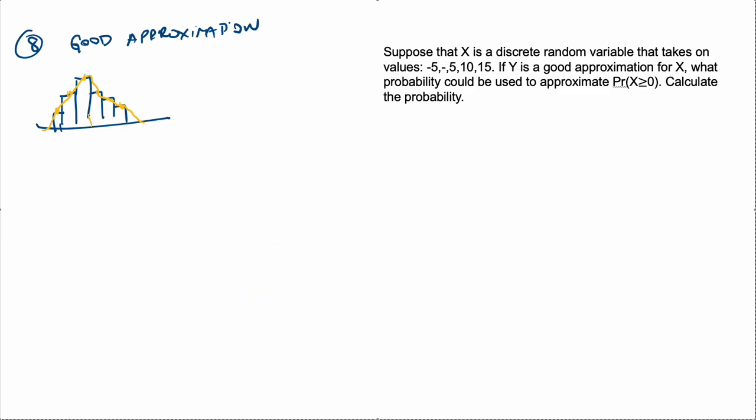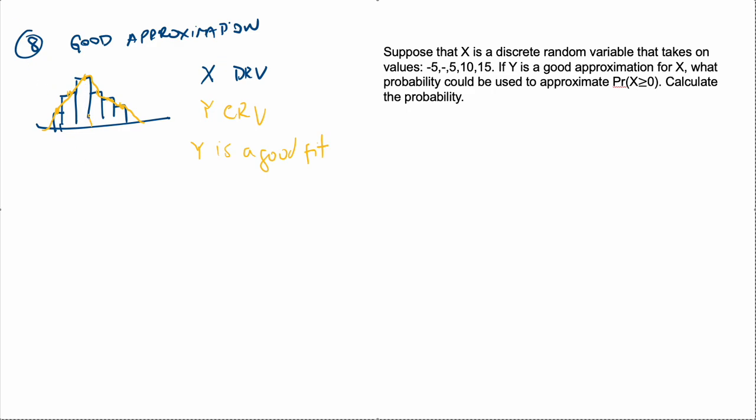So let's say that x is my discrete random variable, and let's say that y is my continuous random variable. And y is a good fit, or a good approximation.